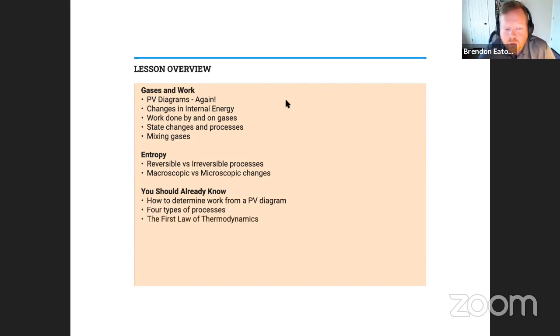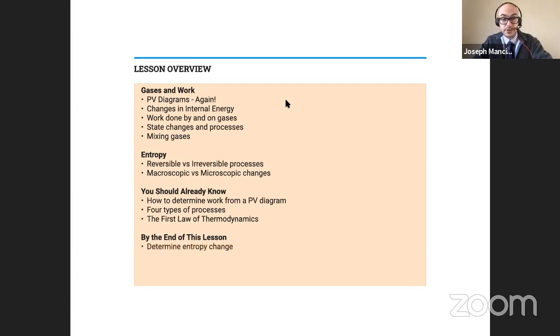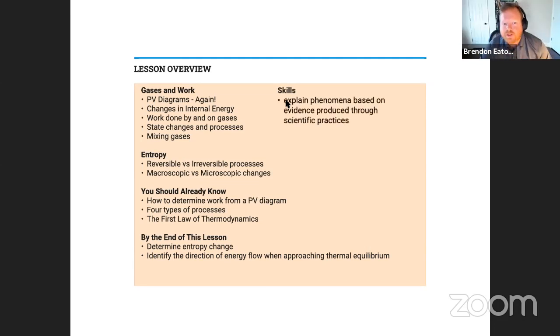Delta U is Q plus W. So that by the end of this lesson, you can determine whether and how entropy changes. You can identify the direction of energy flow when discussing thermal equilibrium. And the skills that we'll address today are explaining phenomena based on evidence produced through scientific practices.